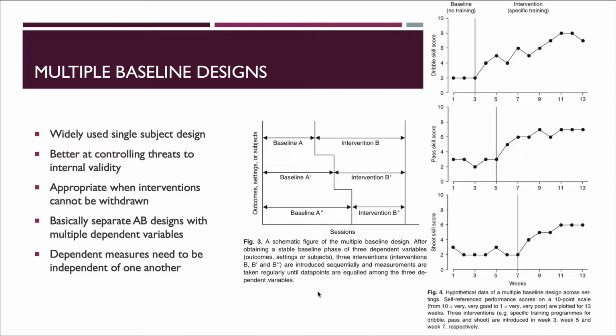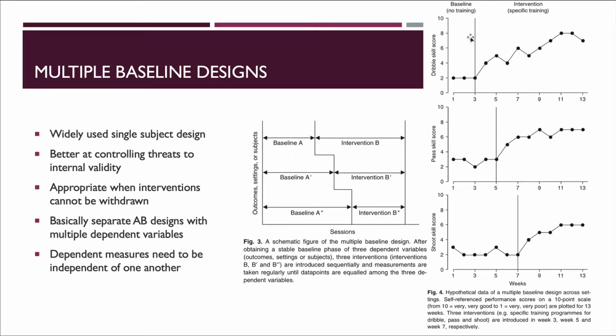Then you're going to implement different parts of your soccer training program over time. At first, maybe you're looking at dribbling skills and you measure dribbling performance, while also measuring passing performance and shooting performance. You see here where you started the intervention for dribbling. Everybody was pretty solid and similar in their baseline score in these skills.